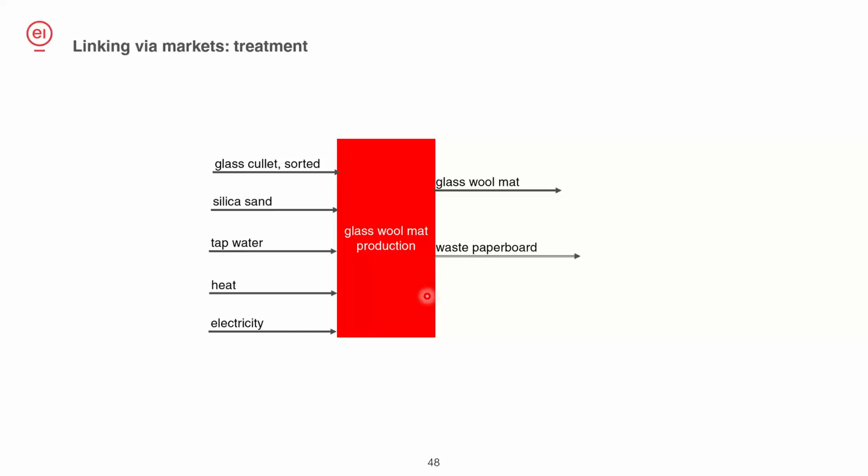which is a short supply chain that is in the ecoinvent database. Glass wool mat production is a production activity. It produces glass wool mat. This is an insulation material used in construction. The activity has some inputs from Technosphere, like glass, cullet, sorted, some water, some energy.